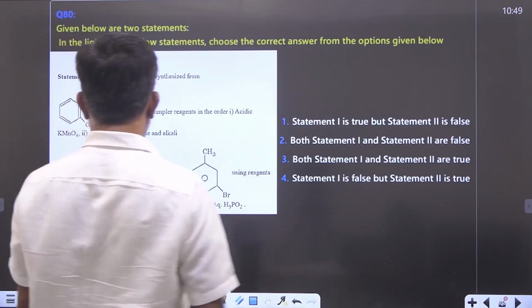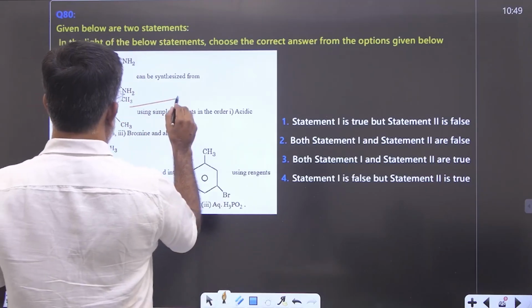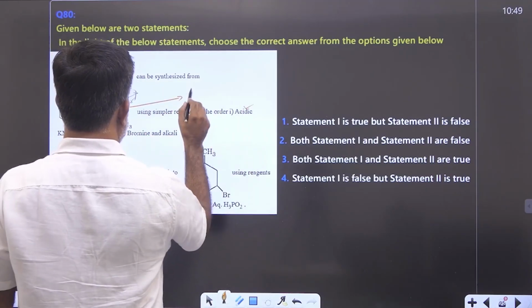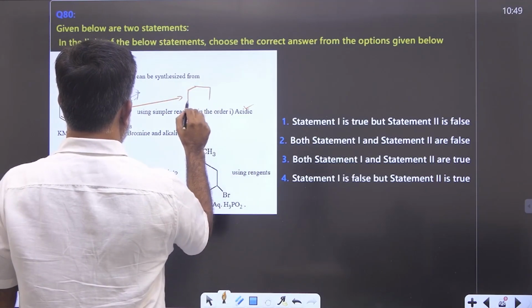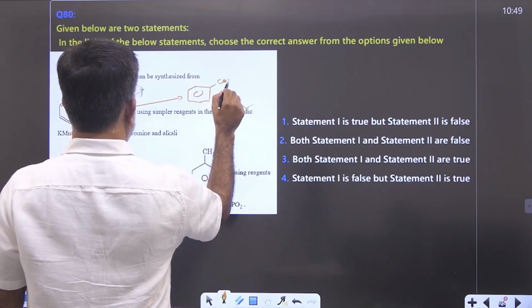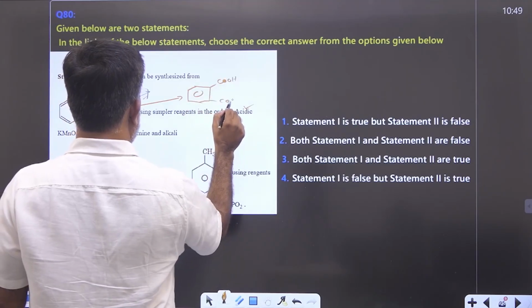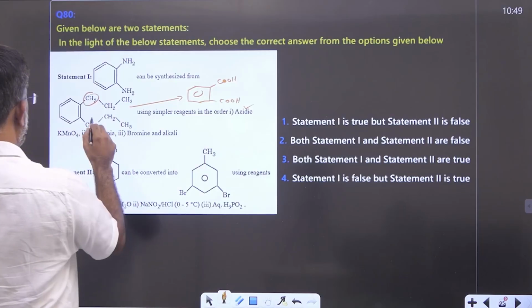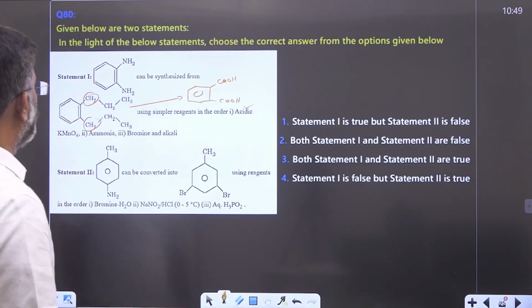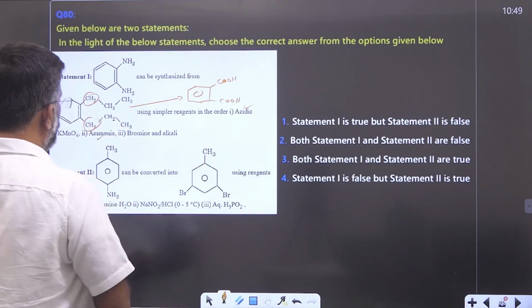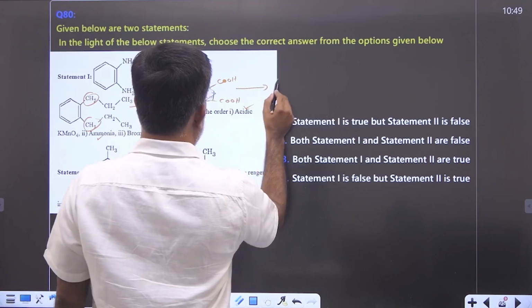This when treated with acidic KMnO4, you will get phthalic acid. You see, this group will be converted to COOH. And that when treated with ammonia, you get phthalamide.